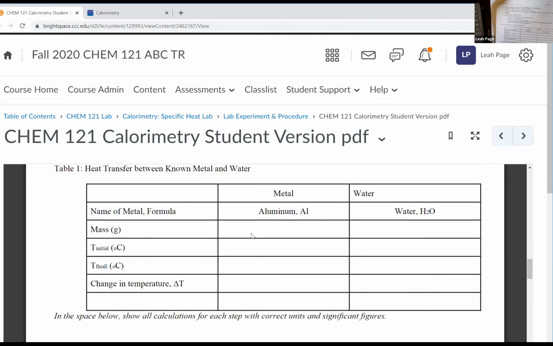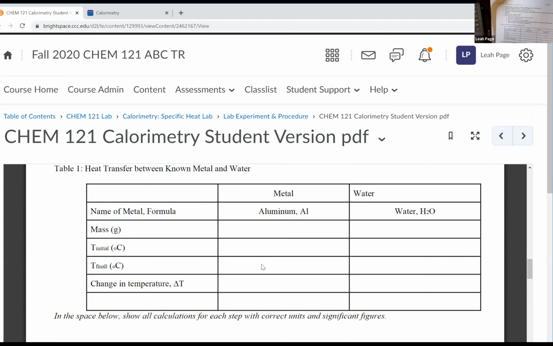For mass of the aluminum, it's 20 grams. For mass of the water, can anyone tell me what the mass of the water is? 100. It's 100 grams. The initial temperature of the aluminum is 200 degrees Celsius. That's what we set it at. The initial temperature of the water is going to be 20 degrees Celsius.